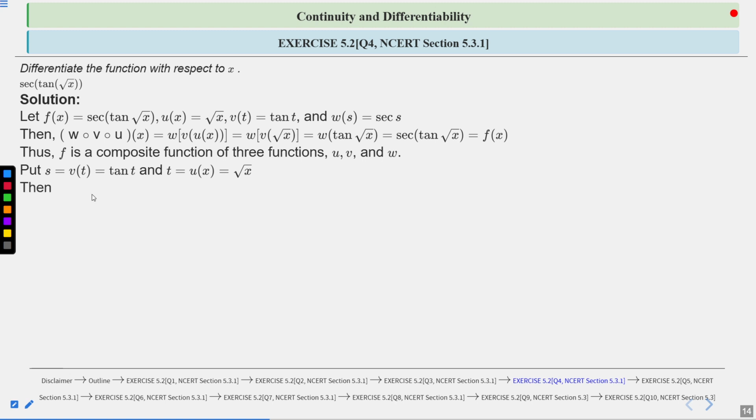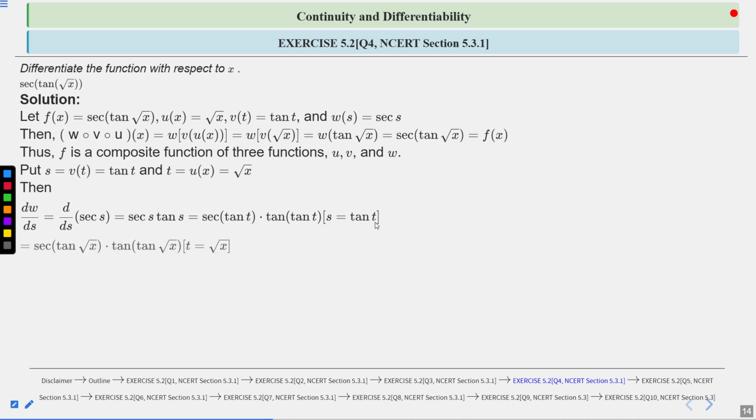Then what can we do? dw upon ds will be d upon ds of sec s, which is equal to sec s tan s. And you can put the value of s, which is tan t. So sec(tan t) into tan(tan t), since s is equal to tan t.